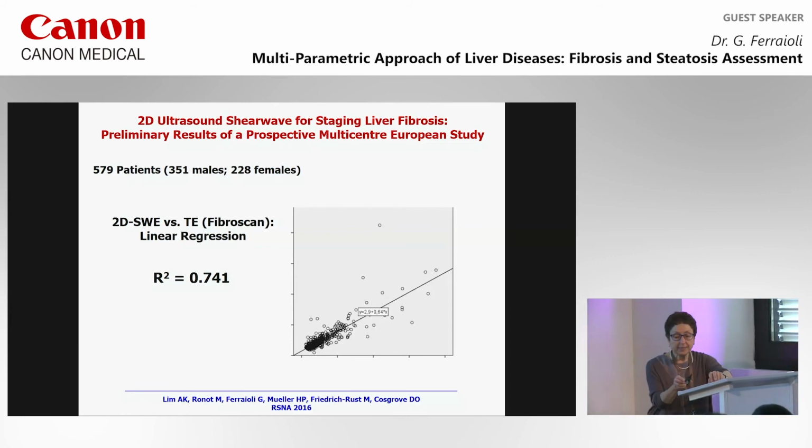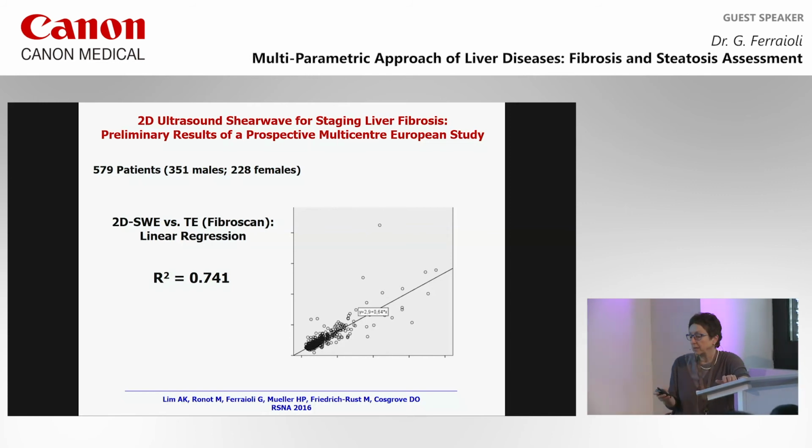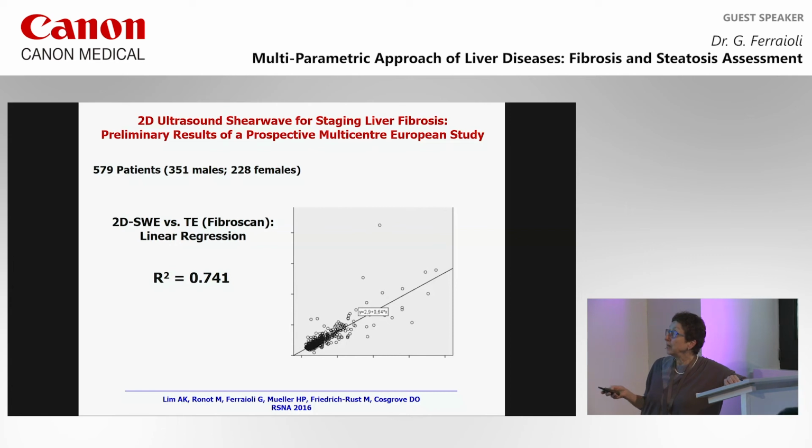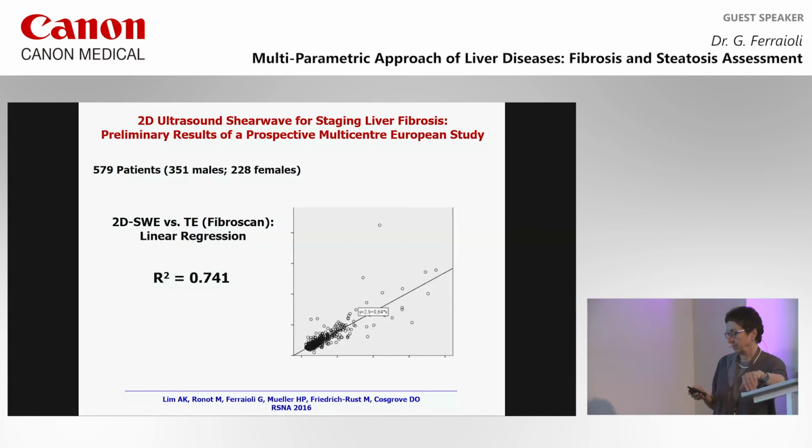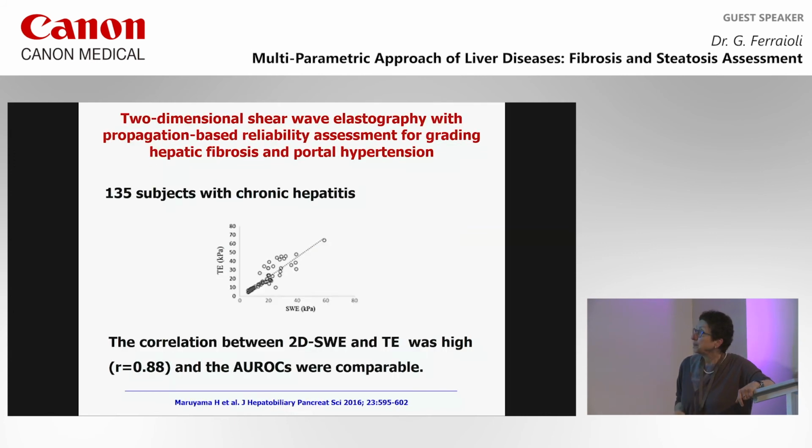These results have been confirmed in a multi-center study in which our group participated, in almost 600 patients, and you can see the same. The values were similar to those obtained with the FibroScan device at lower values of kilopascal.